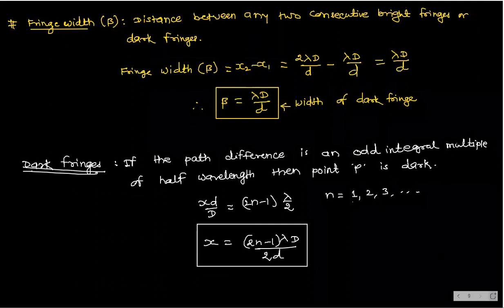Okay, so see here. Now, n is equal to 1. Then x1 is equal to what? Lambda D by 2d. What is this?